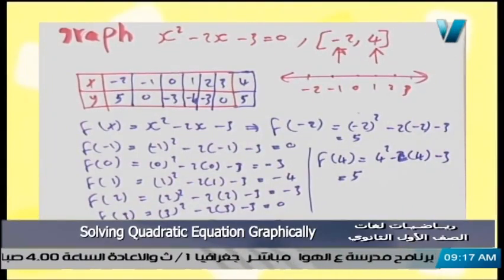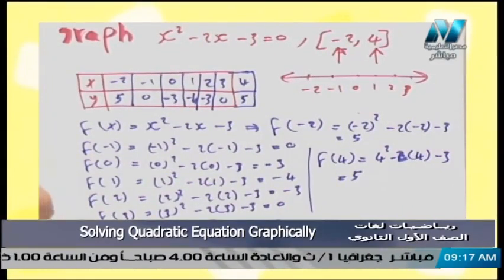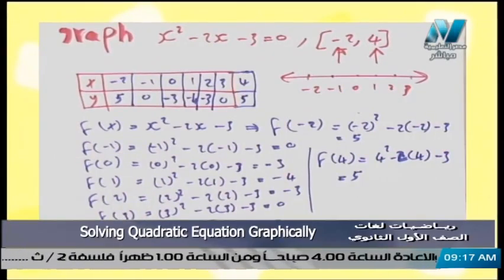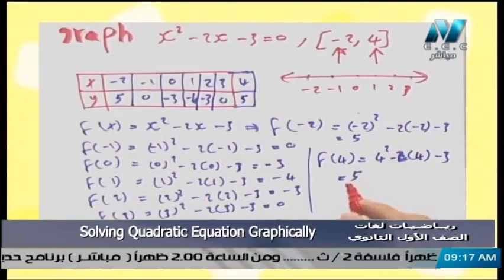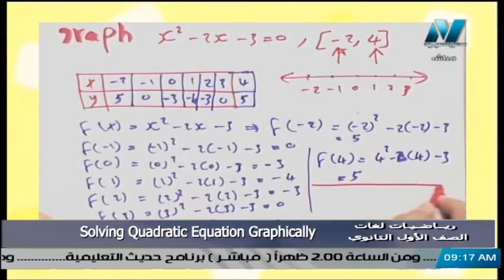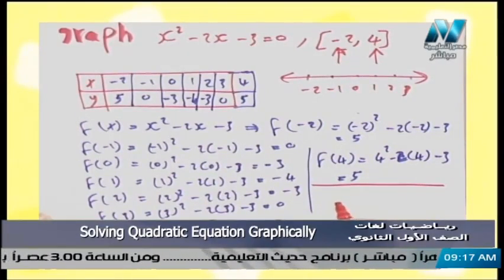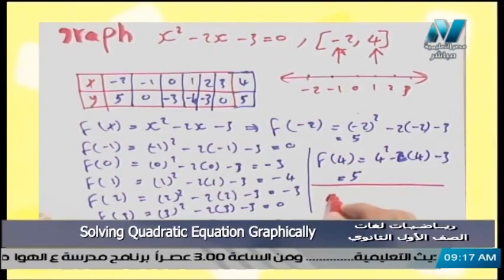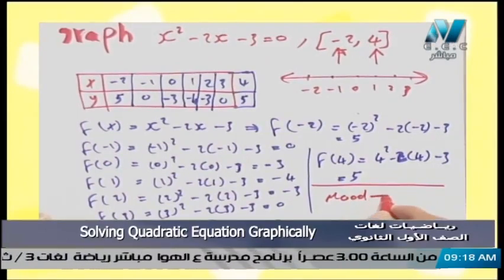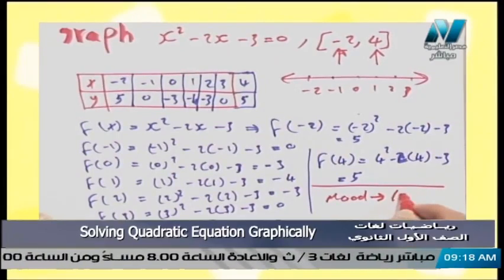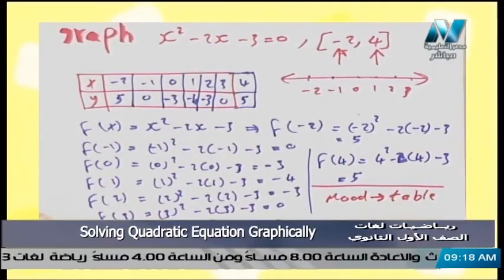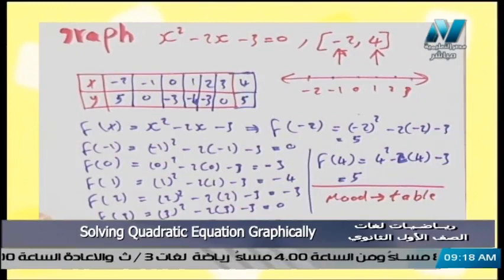We have another method, using a calculator. If you have a scientific calculator, open it and press the button Mode, then search for Table, which has a number, maybe 7.